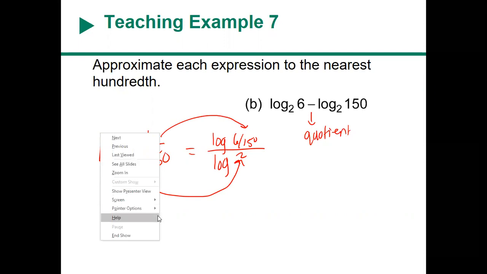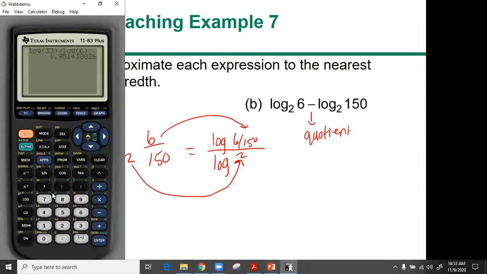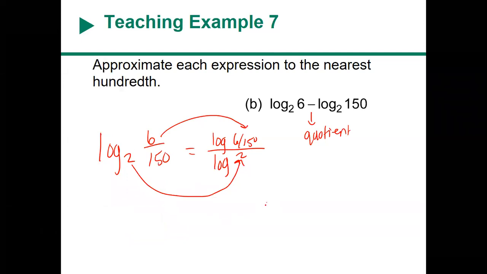So I'm going to go back to my calculator, and I'm going to type in log 6 divided by 150 divided by log 2. And hit enter. And I get my value, and my value is -4.6400. So my solution is -4.6400.